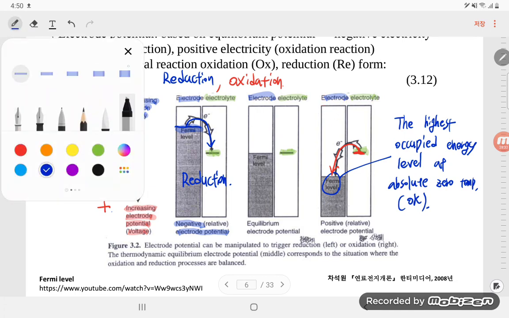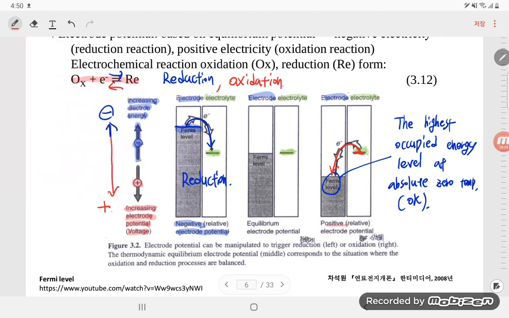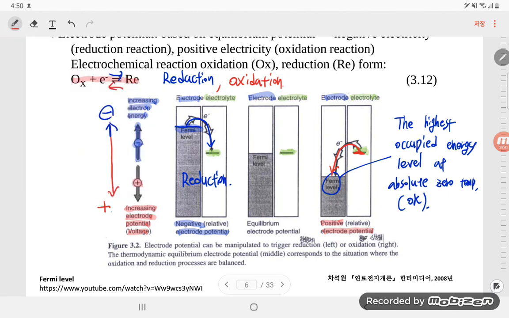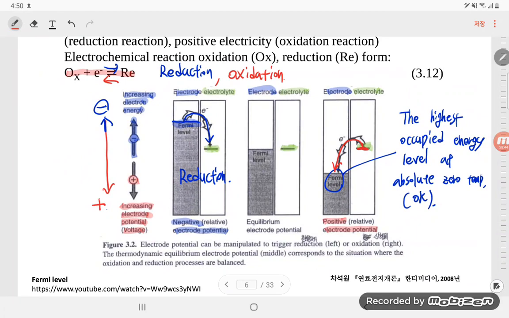So we can call this a positive electrode potential. So in this reaction, the electron moves from the chemical species to the electrode, right? So this is the oxidation reaction.